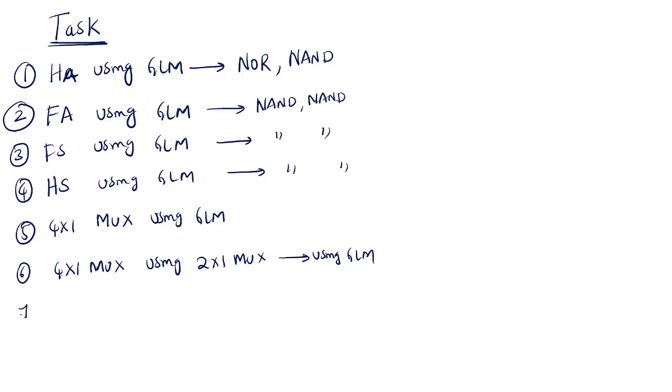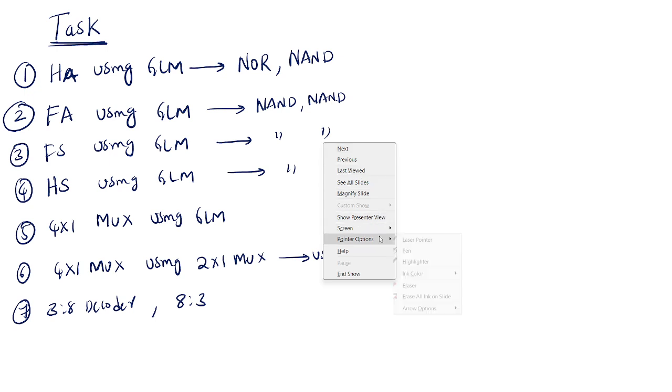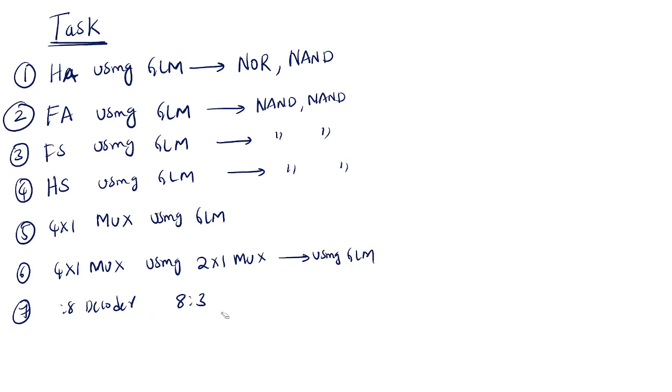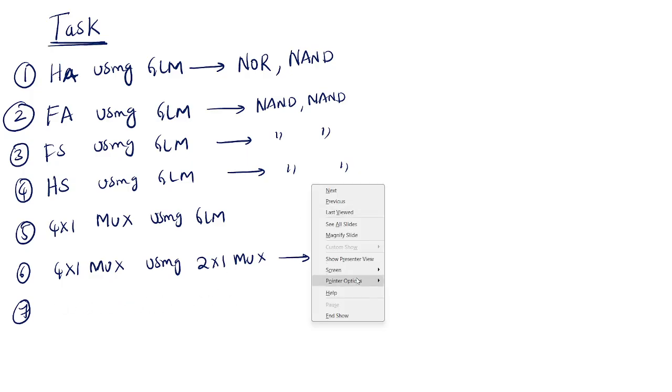Next 3 is to 8 decoder, which will be somewhat complex, so 3 is to 8 decoder using 2 is to 4 decoder.